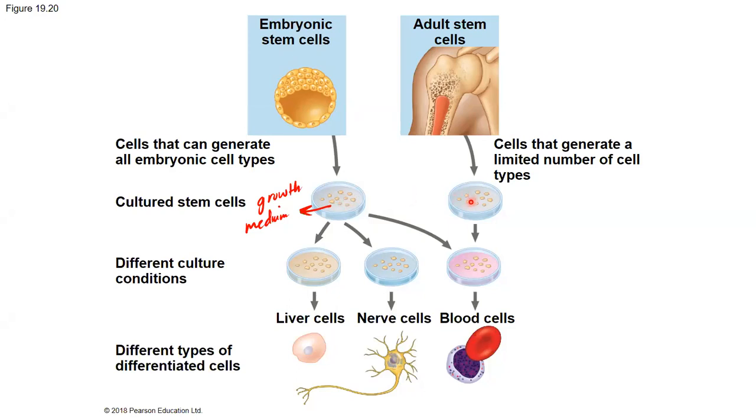Same thing applies to adult stem cells. And then these cells could be forced to differentiate into different cell types like liver cells, nerve cells, blood cells, or any other types of cells.